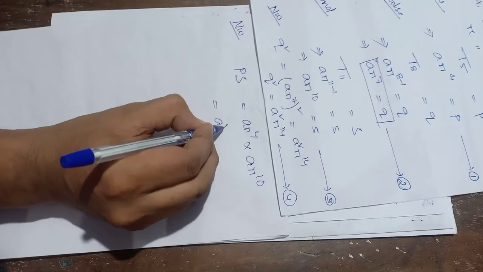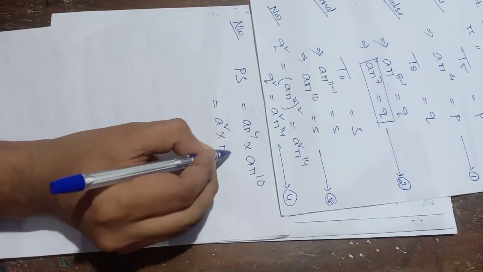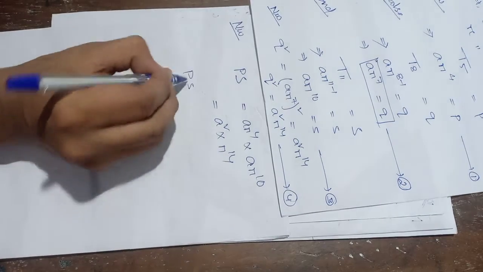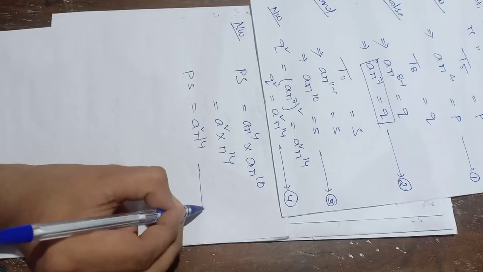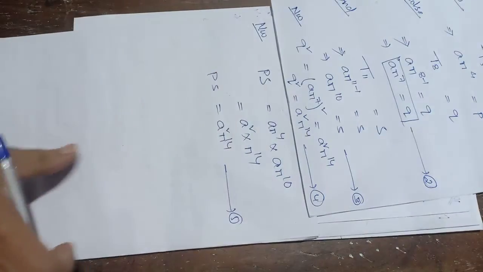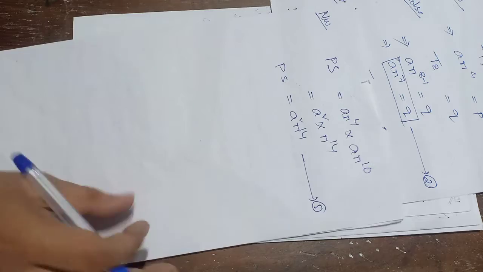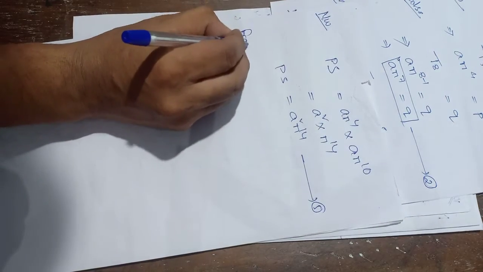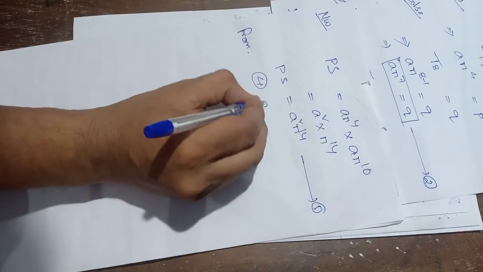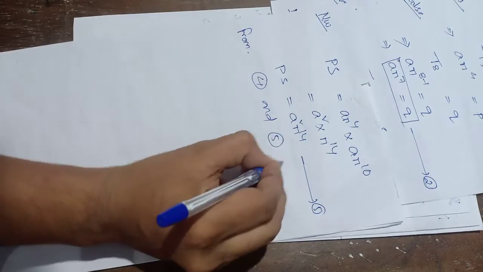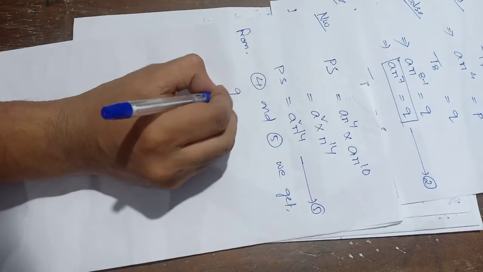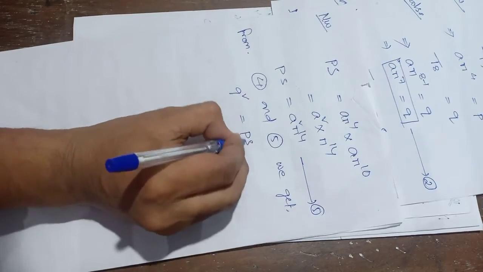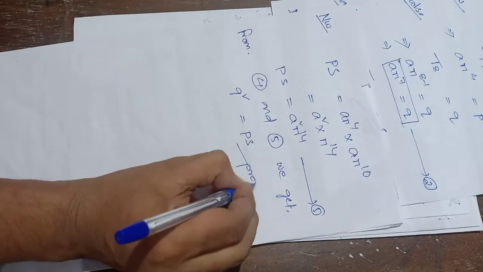So on multiplying, PS equals A square R to the power 14, equation number 5. So from 4 and 5 we get Q square equal to PS. Proved.